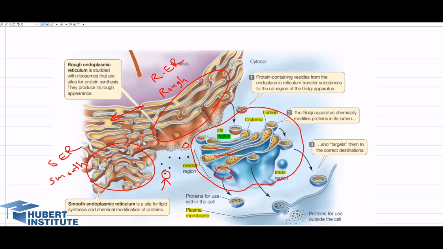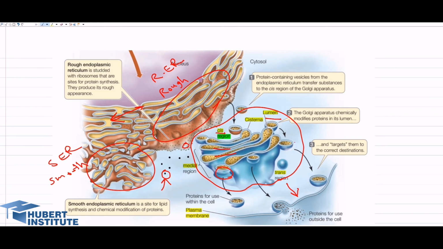The cisternae of the Golgi apparatus have three distinct regions: the cis region nearest to the nucleus, the trans region closest to the plasma membrane, and the medial region lies in between. And we have a lumen here. Lumen is the interior space of the Golgi and also the ER. These three parts contain different enzymes and perform different functions.